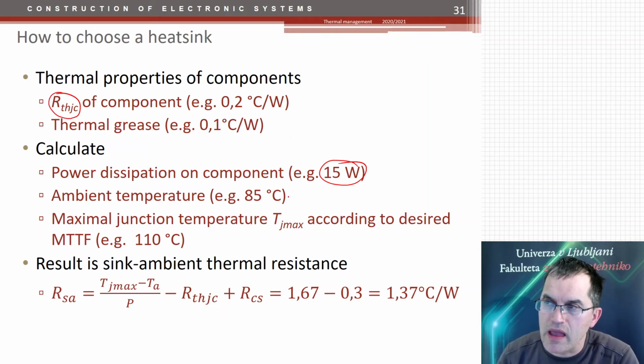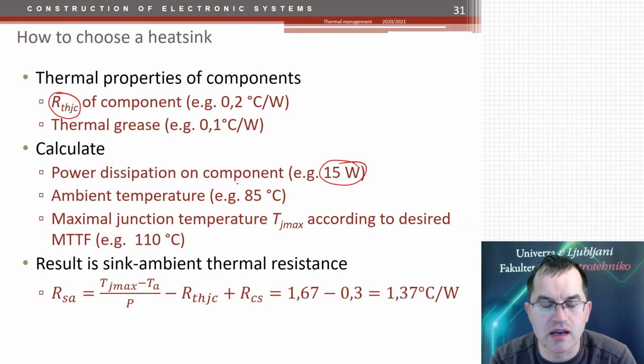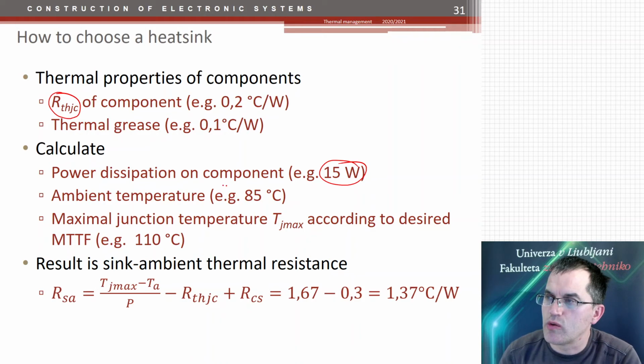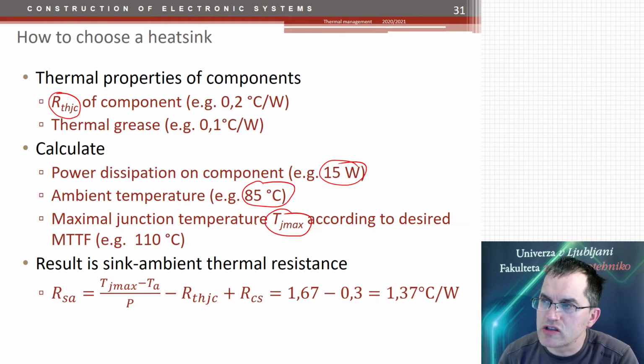You take some ambient temperature. Let's say this component is inside a power supply, so it gets very hot inside, and then you take the maximum junction temperature of this component for the desired mean time to failure or lifetime, and let's say this is 110 degrees for your power supply to last as intended.